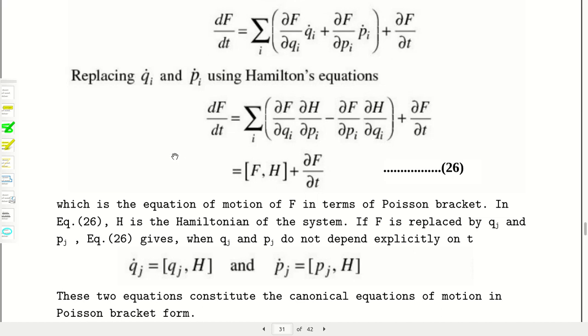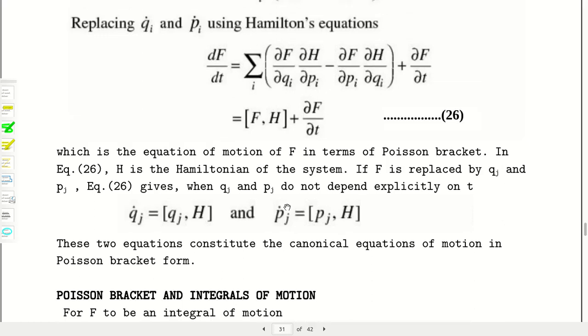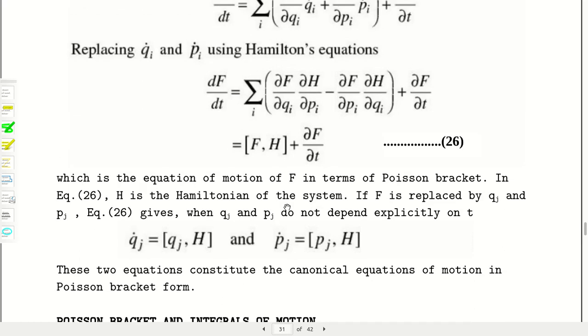Say for example, for the central field, the angular momentum is conserved, that is, it is not a function of time. So df/dt, if f is the angular momentum, then df/dt is equal to 0, which means {f, H} is equal to 0, which again signifies the power of the Poisson bracket.